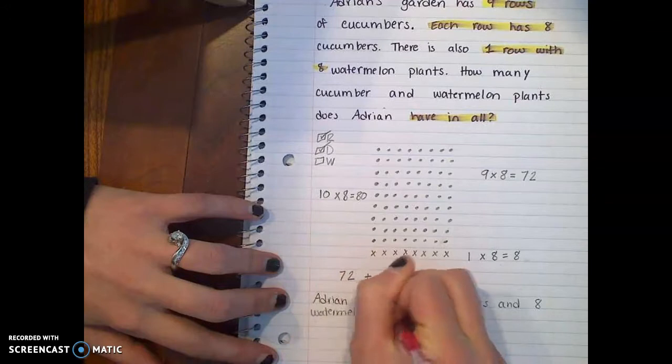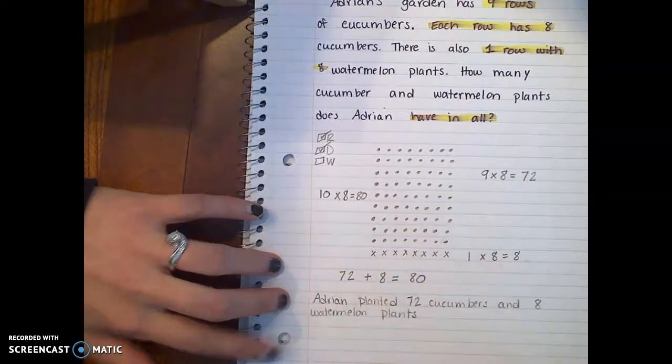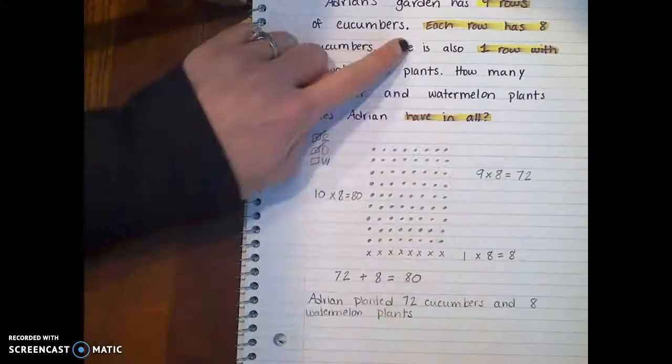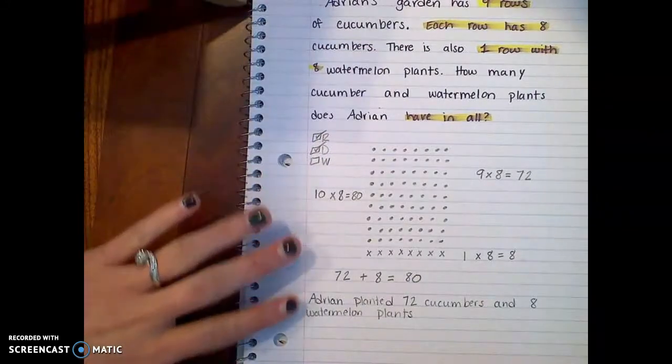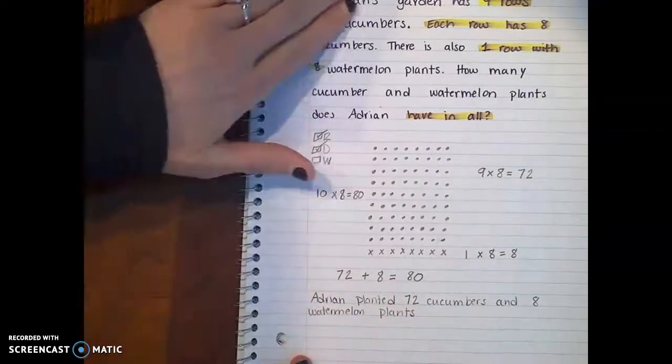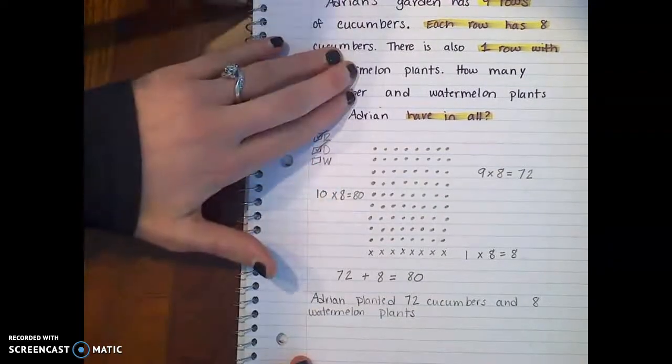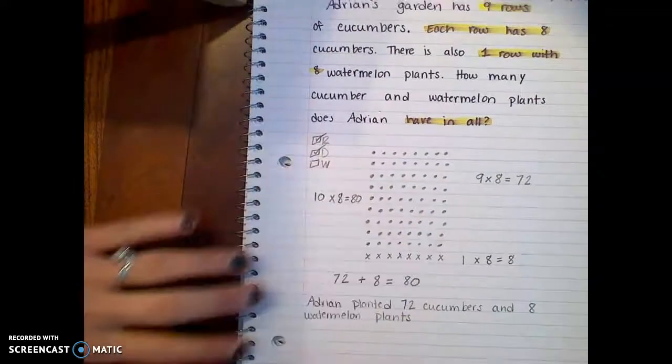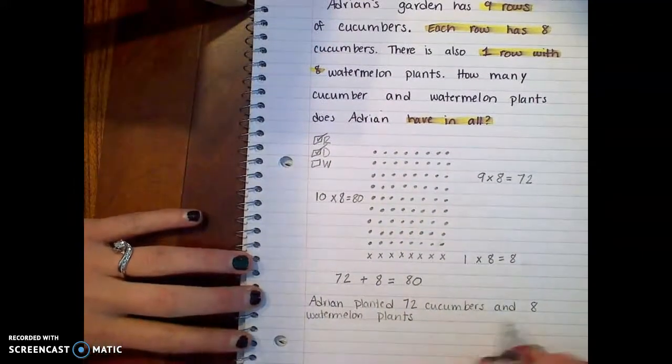Now, I'm getting all of this information from my work and the story problem. I'm not making anything up. I'm not talking about tomatoes, and I'm not talking about rows of 54. I am giving the information that was provided in the story problem and my work here. Adrian planted 72 cucumbers and 8 watermelon plants.